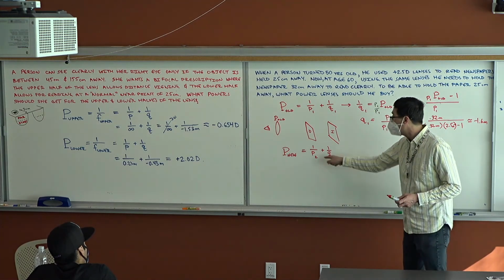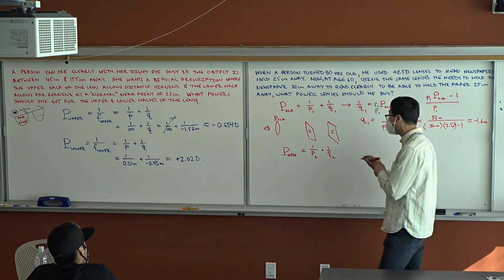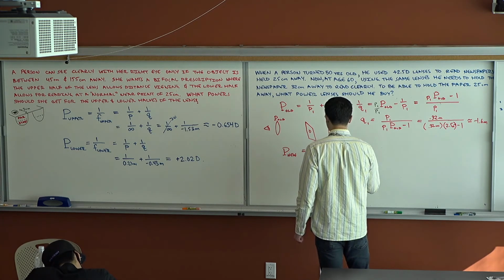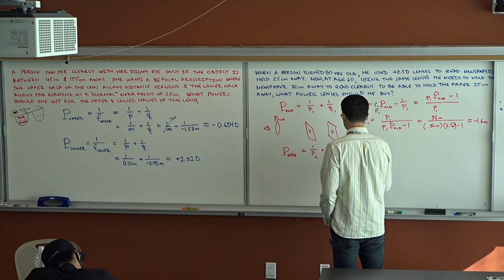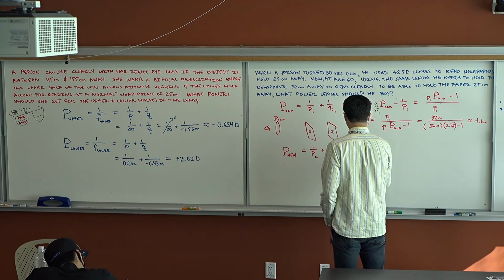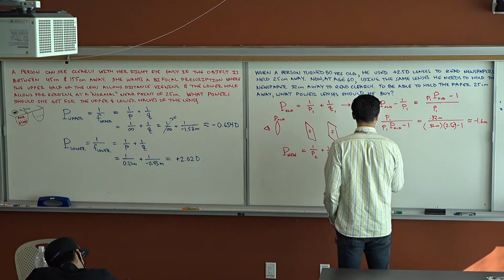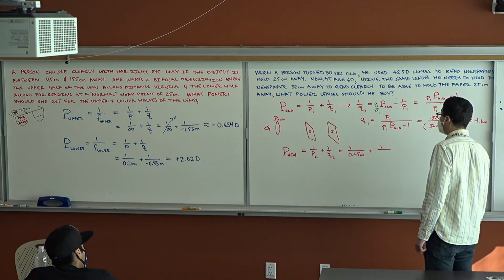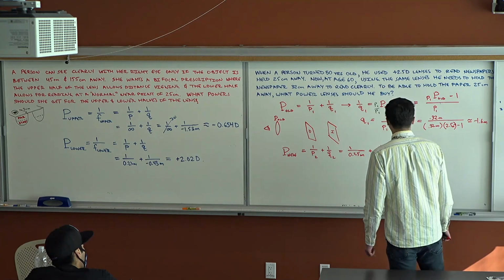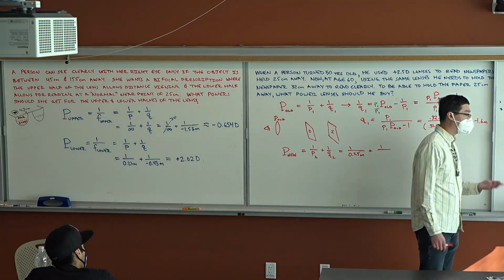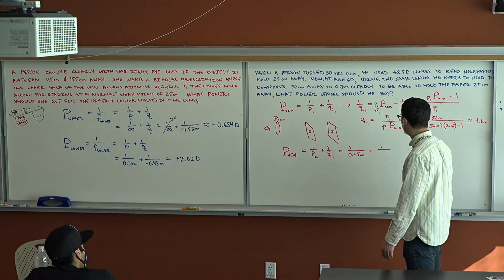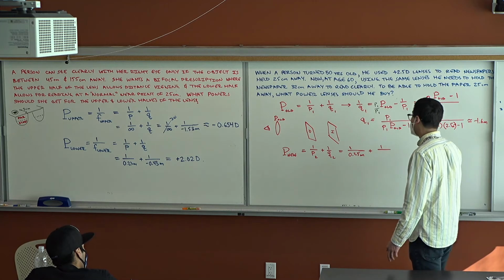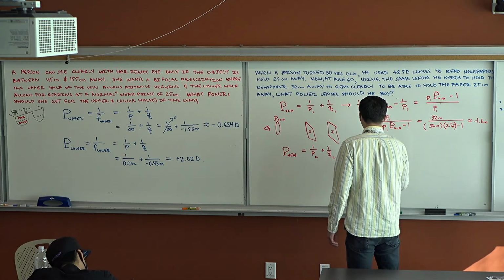So is that P2 or Q2? P2. That's P2. So we want 1 over 0.25 meters plus 1 over our Q2, which is minus 1.6, what we saw.